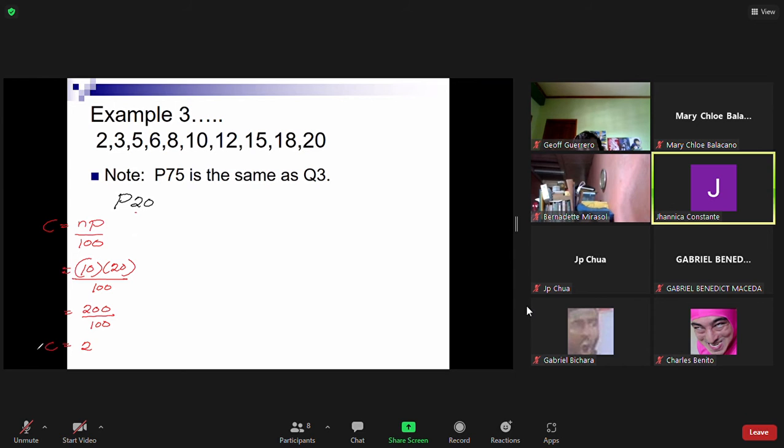Since it's a whole number, we're going to use the second position and the next position in the set of data that we have. So, this is the second, and the next position to second is the third position.